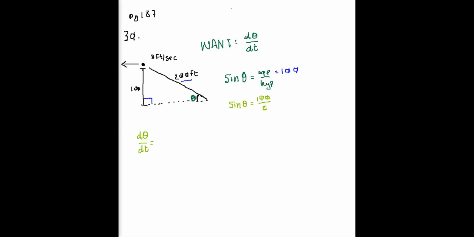So where would you go from here? Find a value for the bottom? Okay. Because we have two values already. Okay.